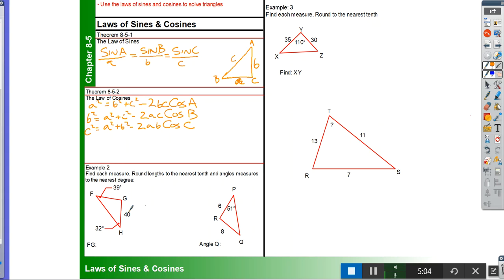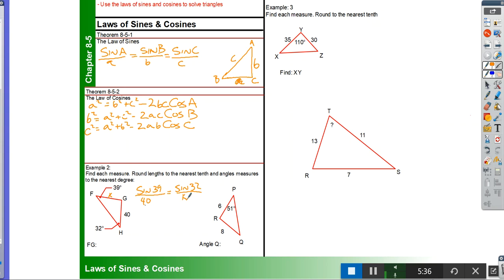Well, that means I can find FG, because the law of sines says that the sine of 39 over this side length is going to equal the sine of 32 over side length FG. And I'm going to call this side length K because I haven't said K enough today. So that would be over K.